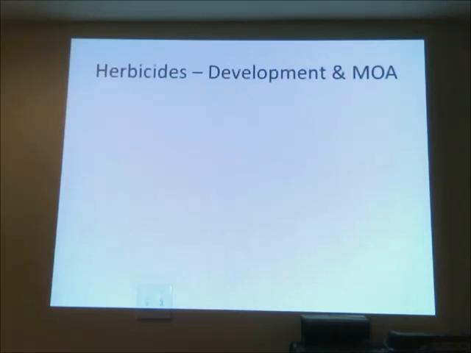So you basically formulate it so that you're going to be perhaps applying maybe a pound or so of a solid material, and only 1% or maybe even less than 1% is the active material that actually is the herbicide that you're developing. So formulation is a time-consuming but a very, very important process as well.